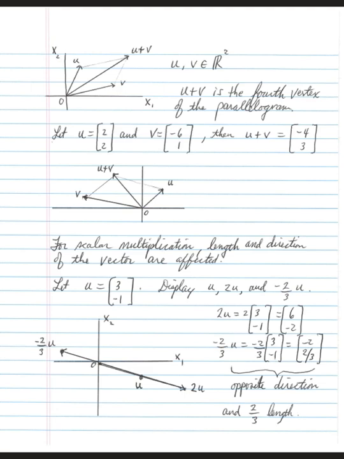Vector u, if you were to plot, excuse me, this is just visual. If we take vector u, we'll do a visual down here with this one, and vector v, this is just to illustrate the parallelogram.